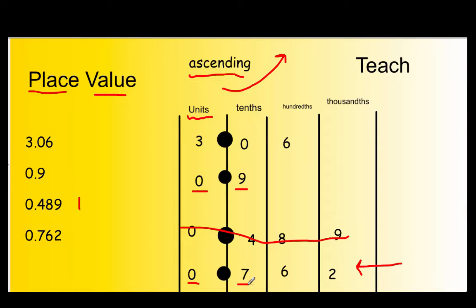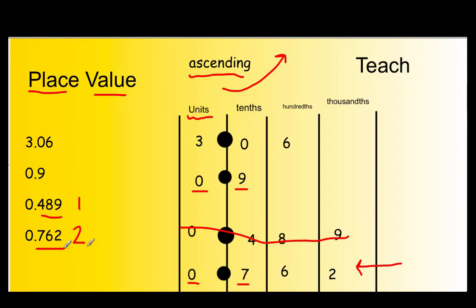So this is actually the next smallest number. So we're going up, and there's your smallest, 4.89, then we're going up to 0.762.